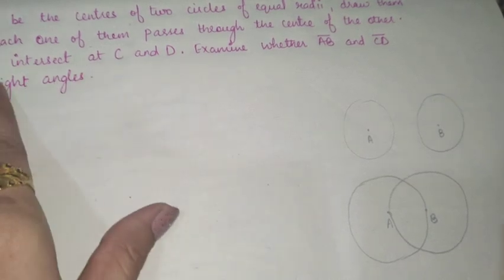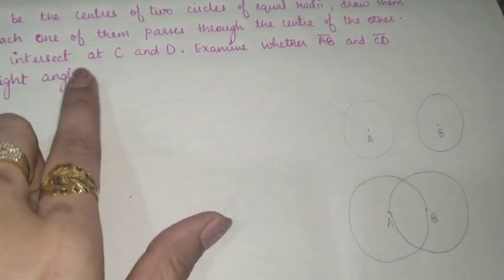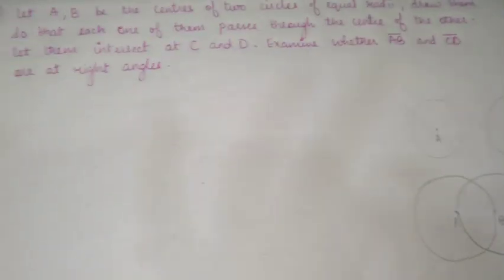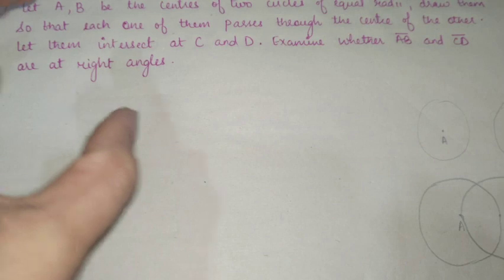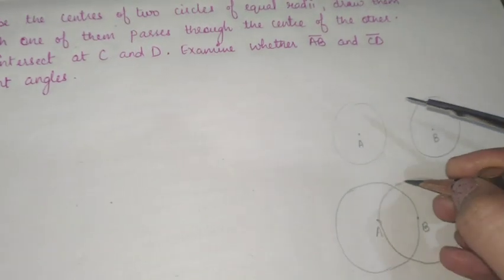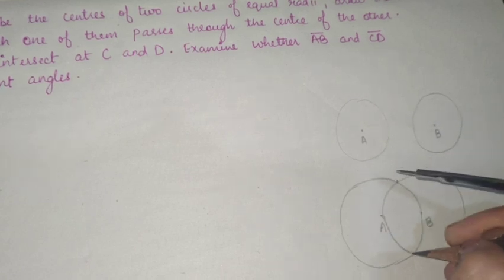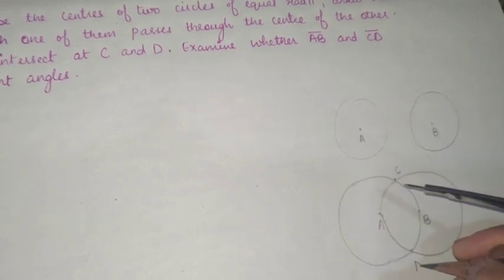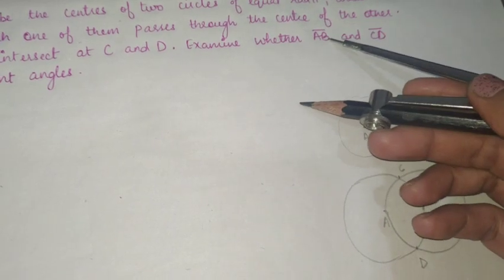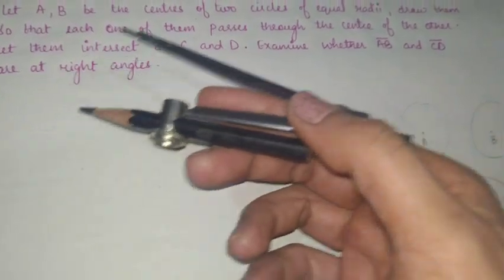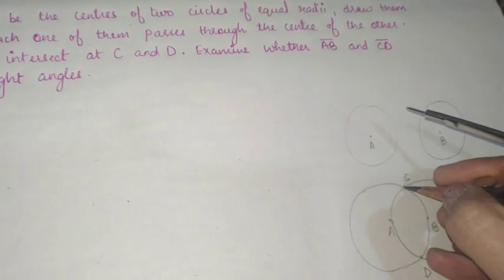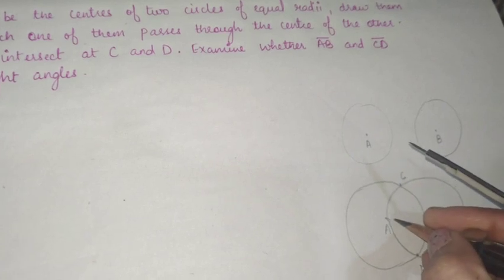Then what they say next is, let them intersect at C and D. Them here means the 2 circles that we just drew. So these circles are intersecting at 2 points. We have to name them as C and D. Examine whether line segments AB and CD are at right angles. हमें फिर चेक करना है कि जो CD and AB हैं, are they at right angles?